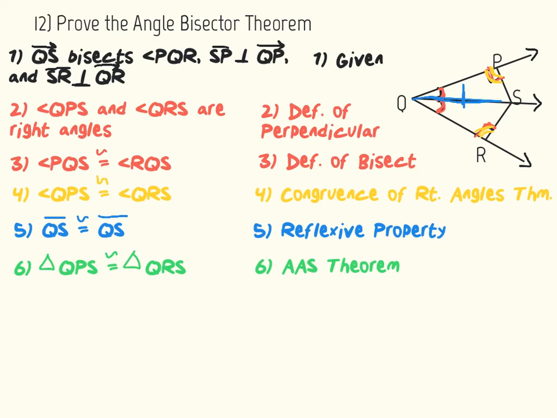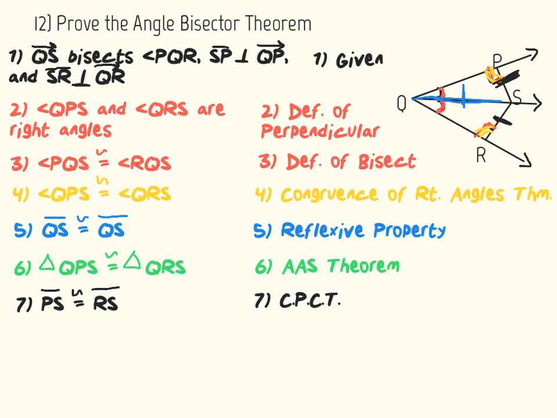Well, if we know the two triangles are congruent, then we know that any corresponding sides must also be congruent. So since RS and PS are corresponding sides, we can say those sides are congruent to each other. Therefore, we have segment PS is congruent to segment RS by corresponding parts of congruent triangles.